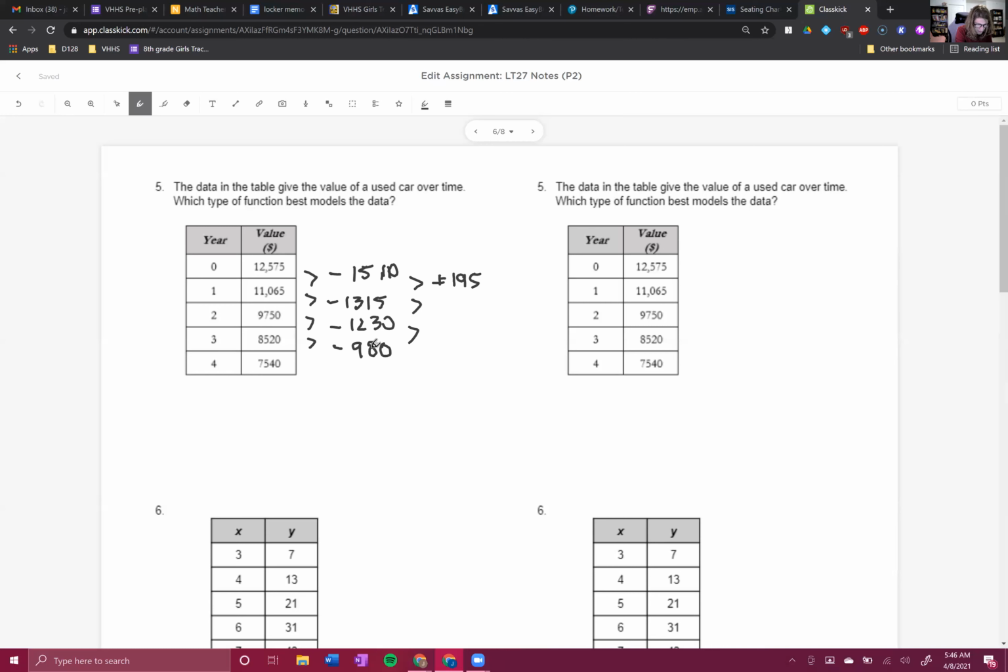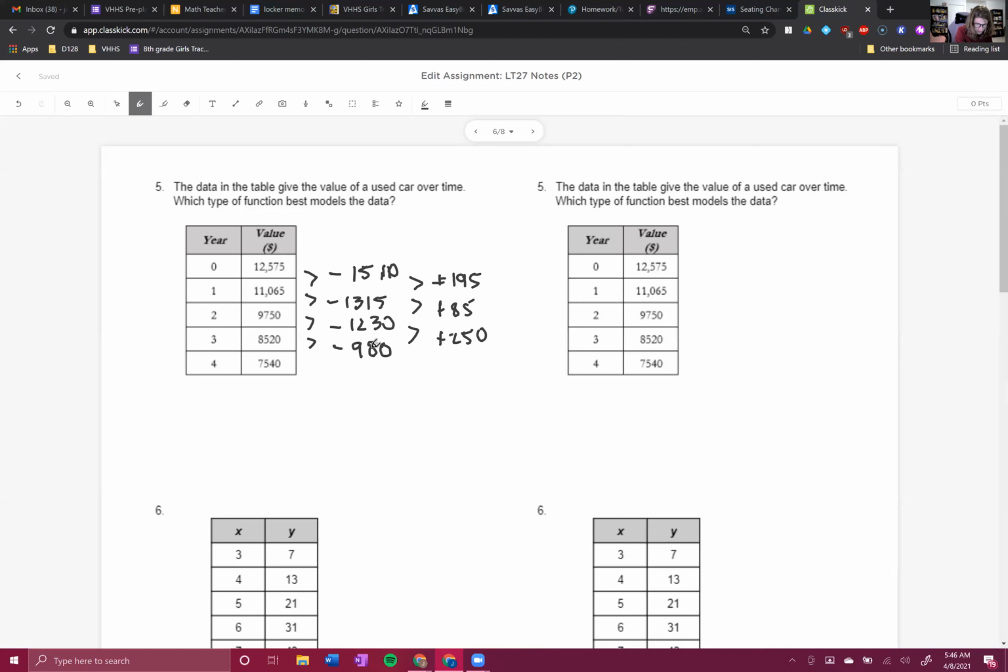And I take negative 1,230 and subtract negative 1,315, and we get 85. And then I do negative 980 minus negative 1,230, and we get plus 250.